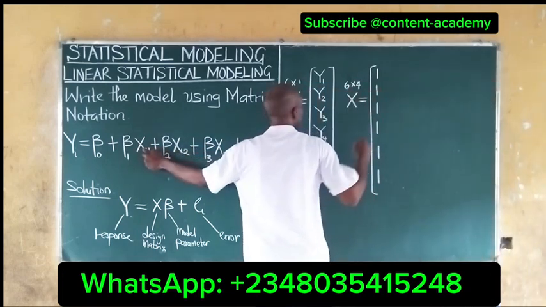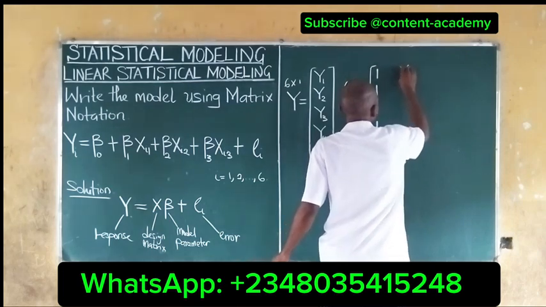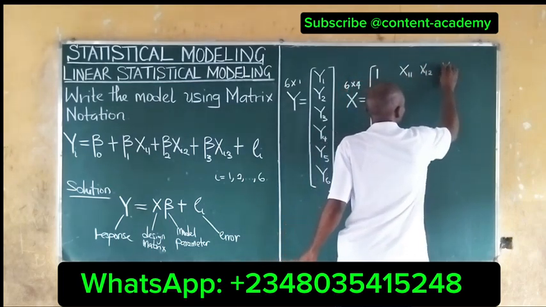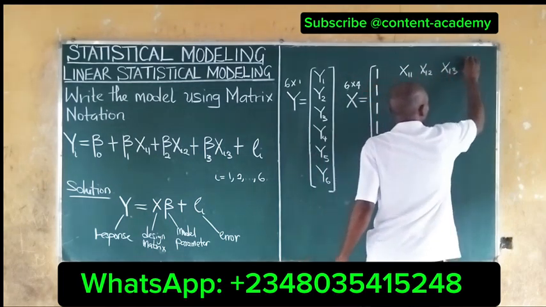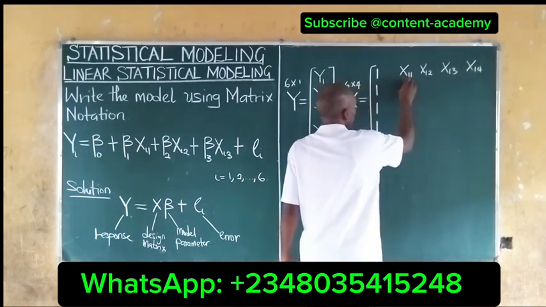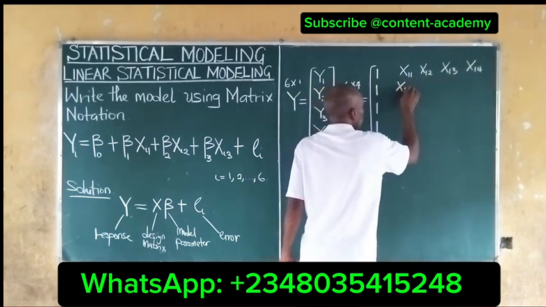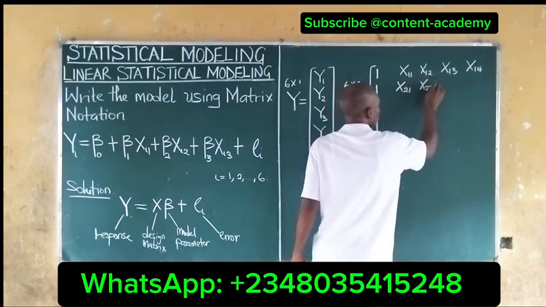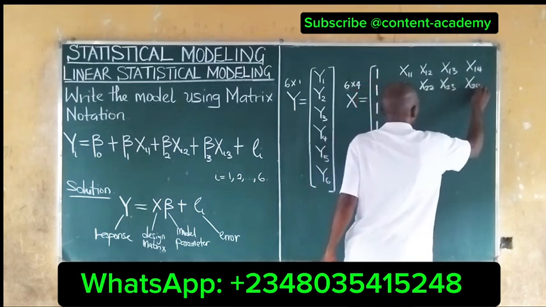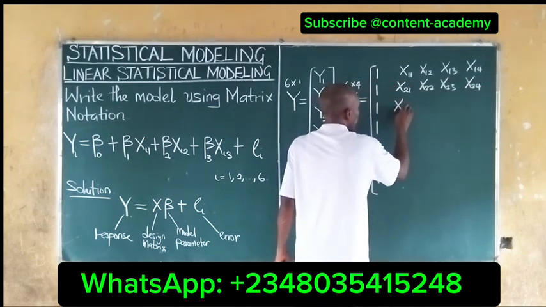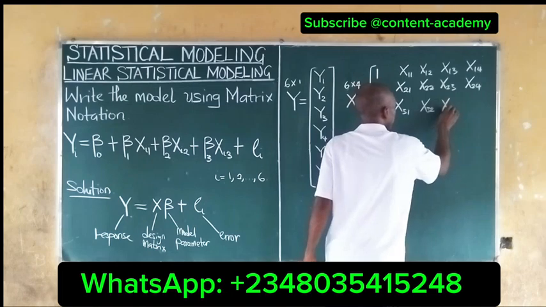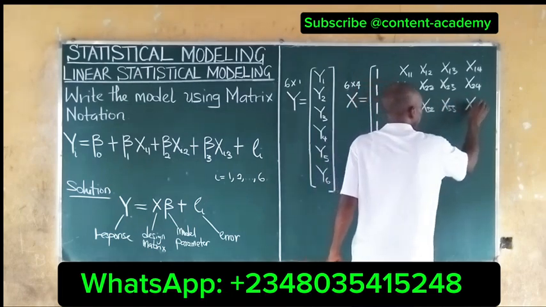Now we have X, this will be x11, x12, x13, and x14. The next one will be x21, x22, x23, and x24. The next one will be x31, x32, x33, and x34.